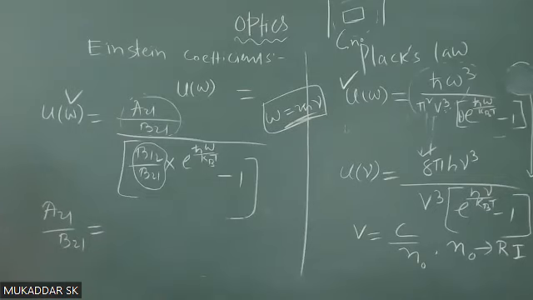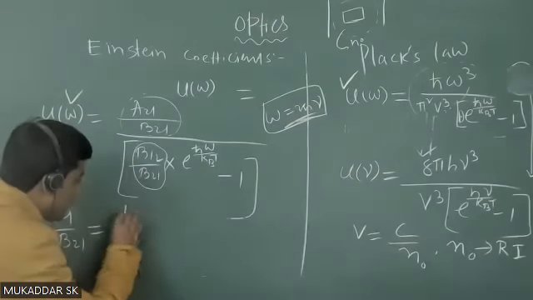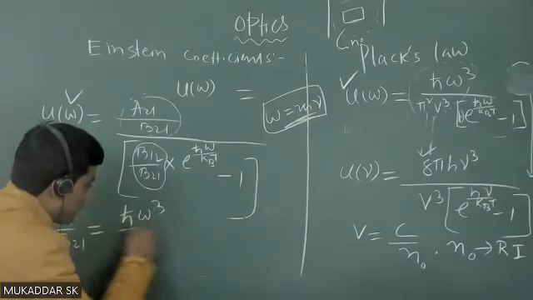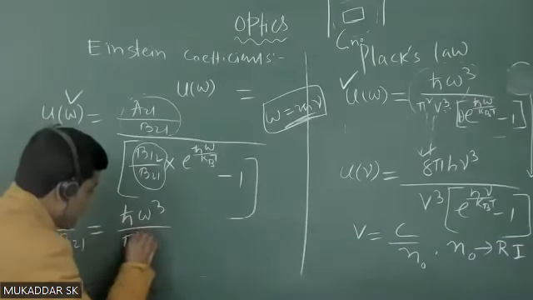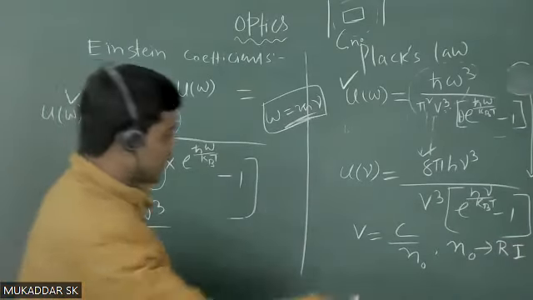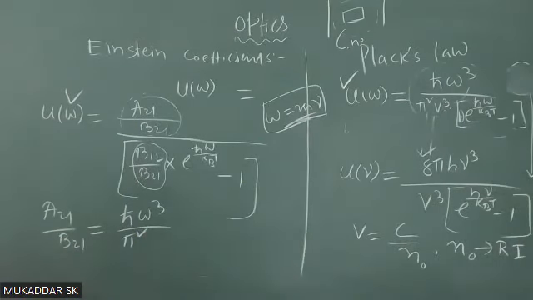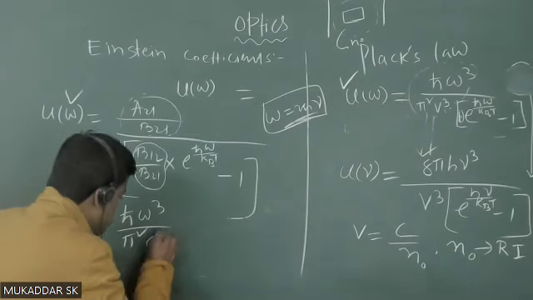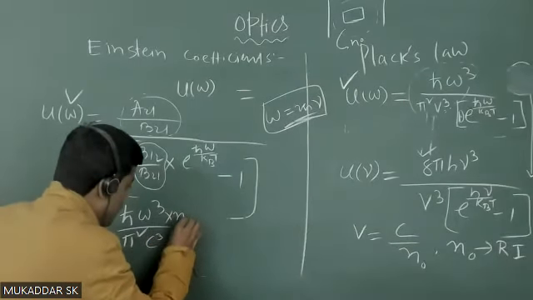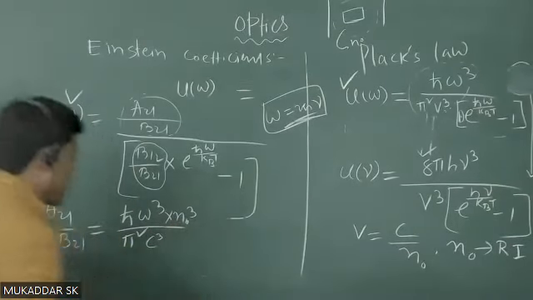How much will I get? Can you please tell me, anyone? 8 pi h nu cube divided by v cube. So in terms of angular frequency, it will be ħω³ divided by π²v³. v is nothing but c by n naught, right? So in place of v, if I write c by n naught, then I'll get c cube, and in the numerator you will have n naught cube.